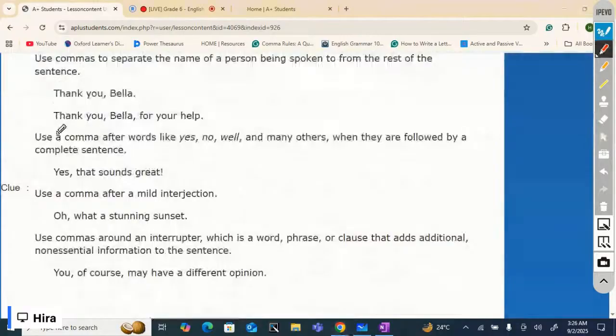Now, use a comma after words like yes, no, well, and many others when they are followed by a complete sentence. See, these are sometimes introductory words. So use a comma after these words, yes, no, well, when they are followed by a complete sentence. Yes, that sounds great.